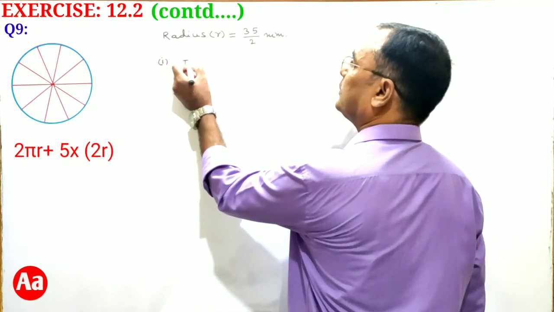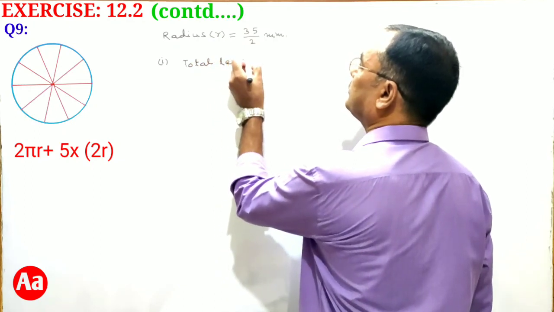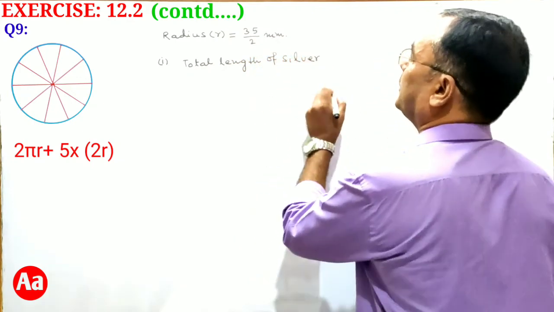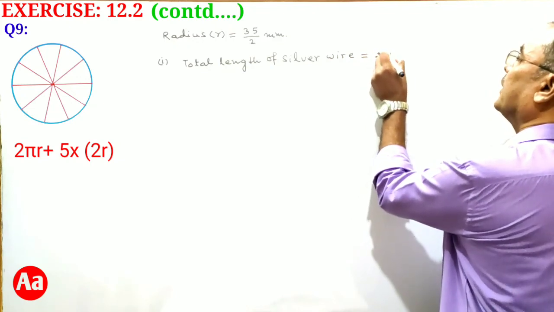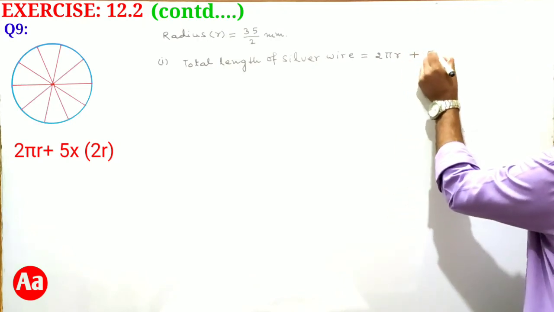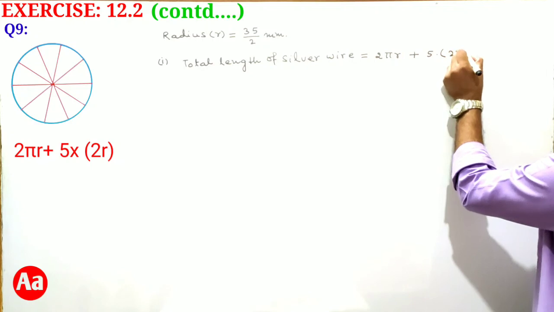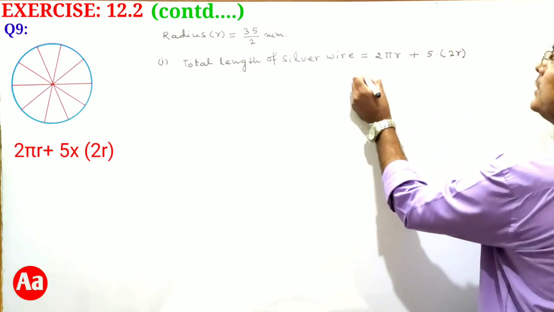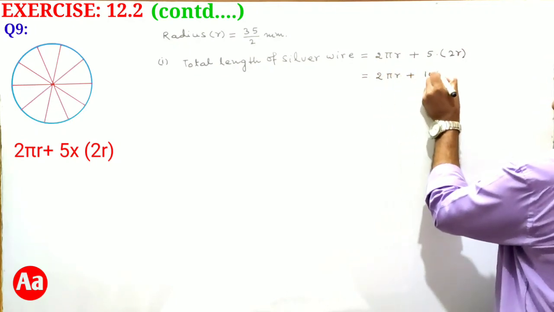So total length of silver wire is equal to 2 pi r, circumference of the circular brooch, plus 5 diameters, that is 5 into 2r for diameter, or we can write directly small d denoting diameter of the circular brooch, and this is equal to 2 pi r plus 10 r.